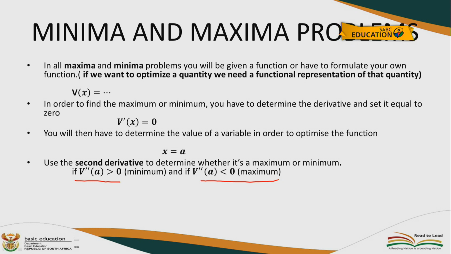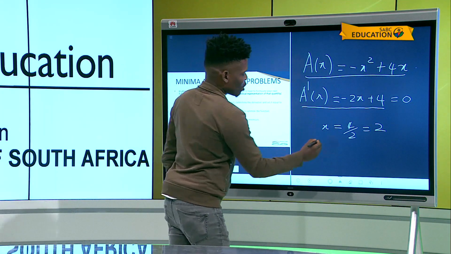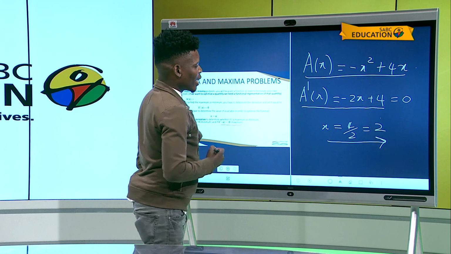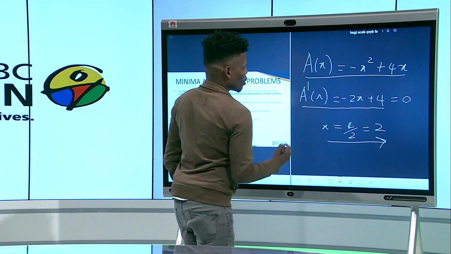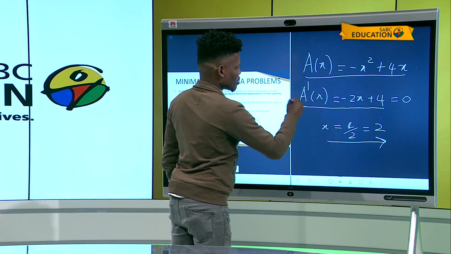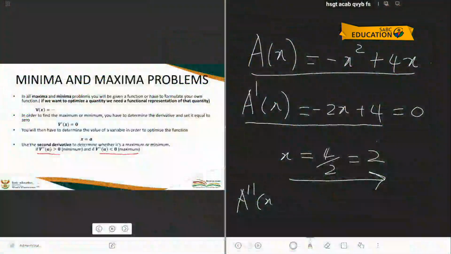Now, if we can go back to the example that we are looking at here. We found that we either have a minimum or maximum quantity for area at x equal to 2. So what are we going to do? We are going to take the second derivative of this function. What do we get? We get negative 2.